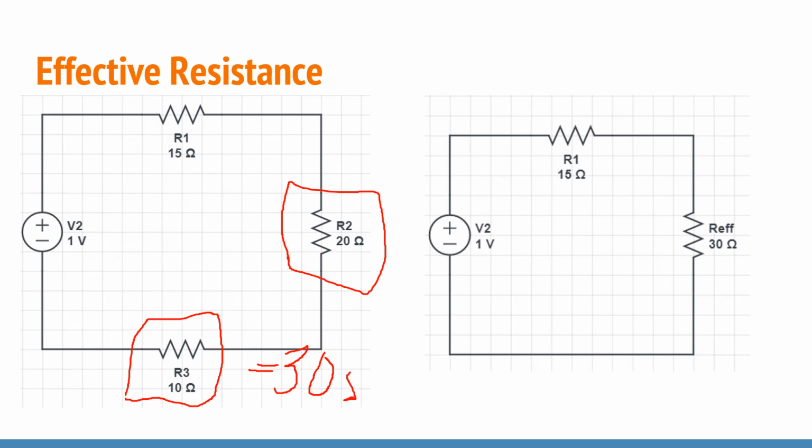And so now what we can do is, instead of leaving both of these resistors in the circuit, we can replace them with a single resistor of size 30 ohms. And that's all we've done in the next circuit, is we've replaced the resistor that was down here with the resistor that was up here, because their total resistance together is only 30 ohms.